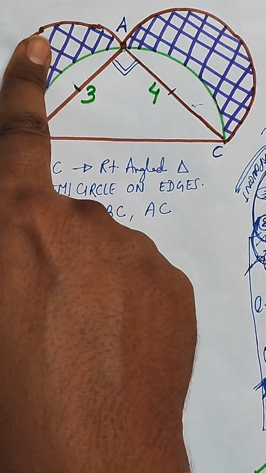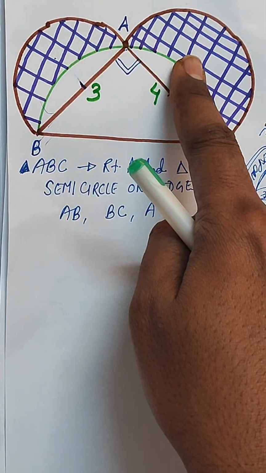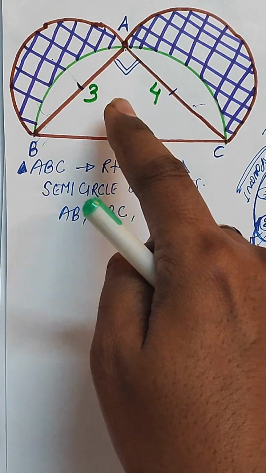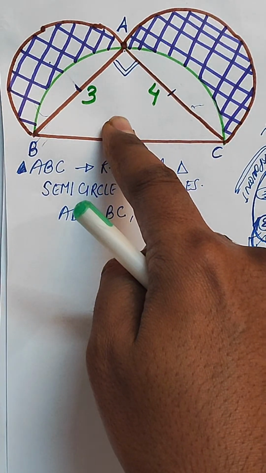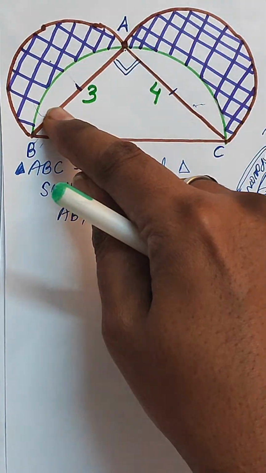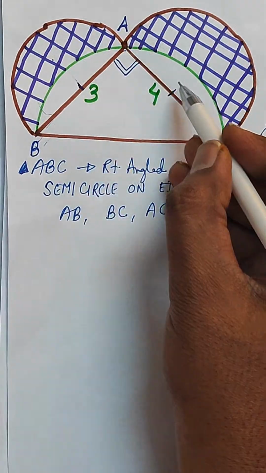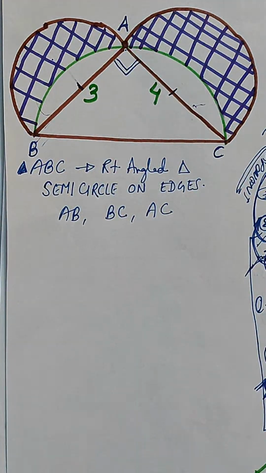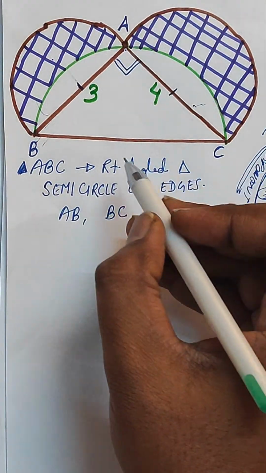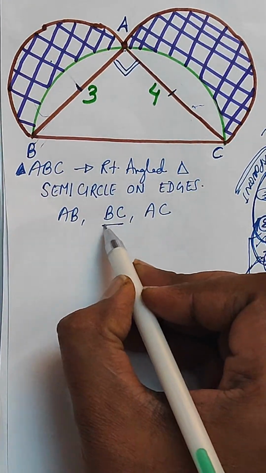Just find out the area of these two semicircles separately, and from this subtract the area of this triangle, right? Then you will get the area which consists of this one, this vacant space, but this should not be like that. So what we will do, first of all, find the length of BC, because BC is not known to you.